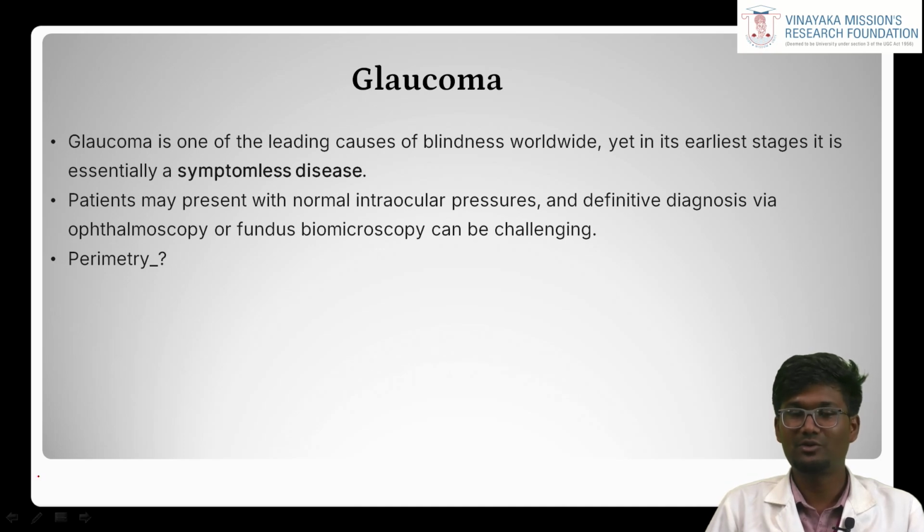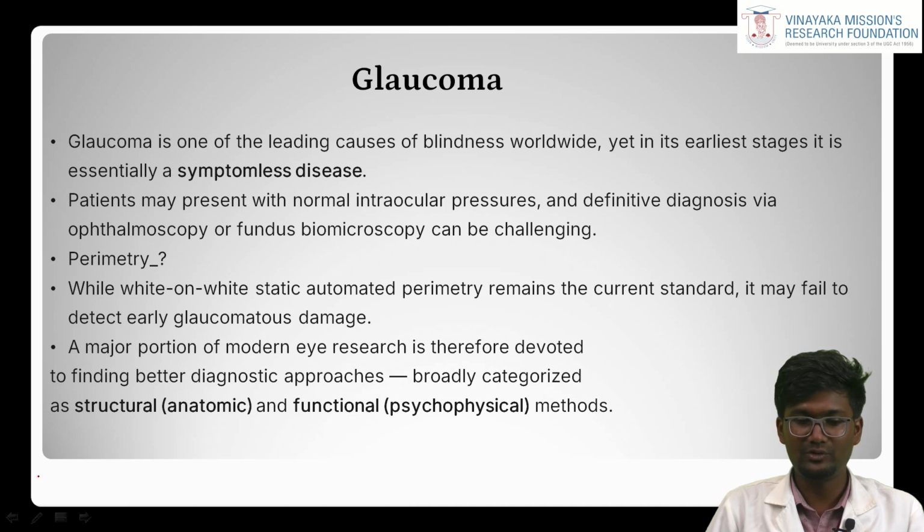What is perimetry? We all know the kinds of perimetry. There are static and kinetic perimetry, which are used to learn about the visual field patterns of glaucoma patients. In our day-to-day practice, we use white on white SAP, static automated perimetry, which remains the current standard.